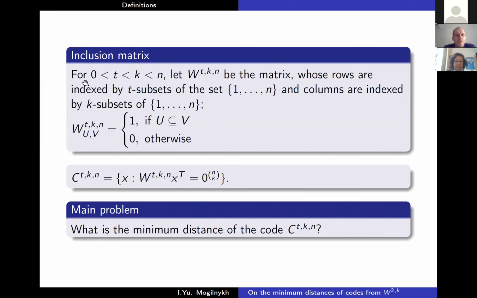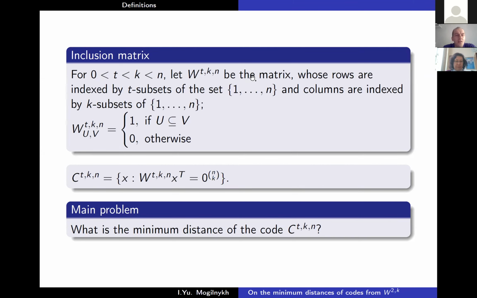We are especially interested in a certain type of linear codes that could be defined using parity check equations involving the inclusion matrix. So we use the same matrix that was used in one of the previous talks. For t and k, such that t is greater than 0, less than k, and k is less than n, we denote by W_tkn the inclusion matrix.